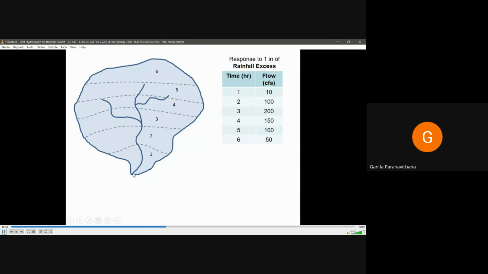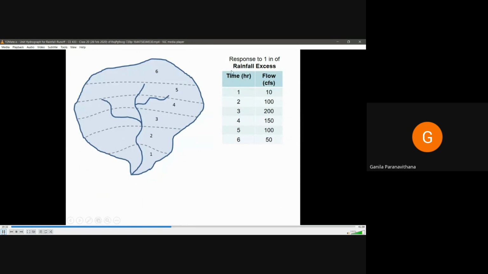So in the first hour, if it's raining over the whole watershed, it's only this area that is contributing flow at the outlet because of travel times. And so after 2 hours, then finally you're getting the water that fell in this region too. At the end of the third hour, finally this area is contributing to the outflow. So these time bands are kind of working further and further away from the outlet.